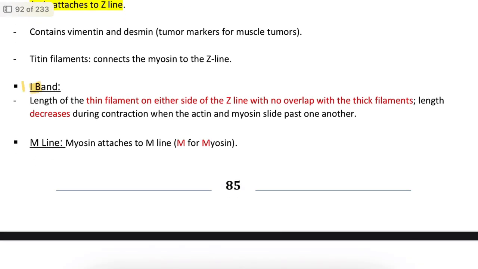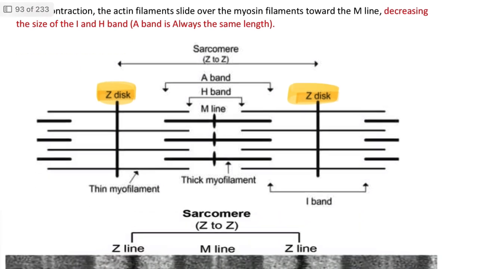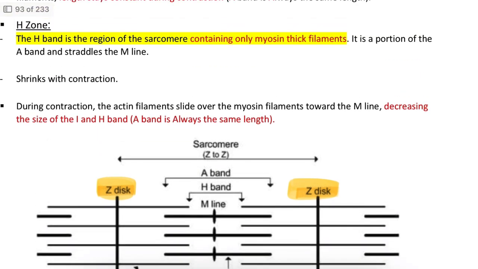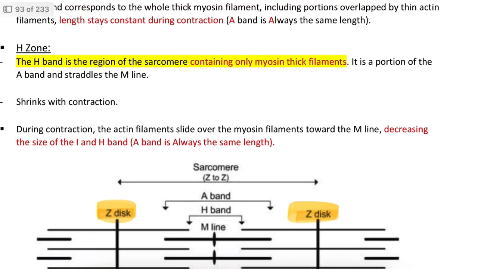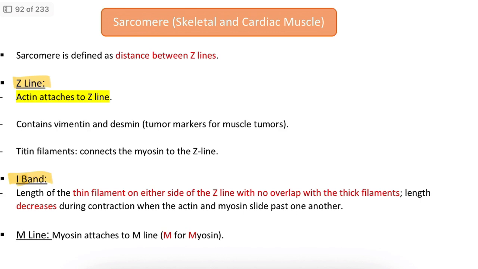Okay, next one, the I band. You can see here, this is the I band. Why did we get the name I band? I means isotropic band. It contains only actin, only thin filaments.